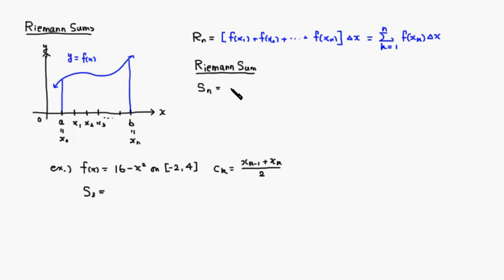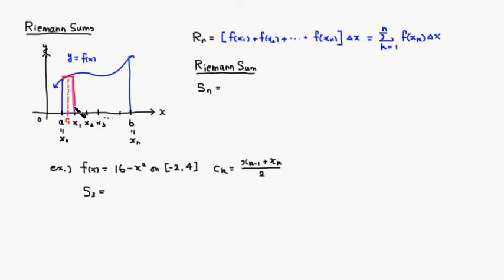The Riemann sum is not going to use the right endpoint. We're going to use any point in between. So for example, for this first interval, you pick any value, let's call it c1, and use that value to determine the height of the rectangle.